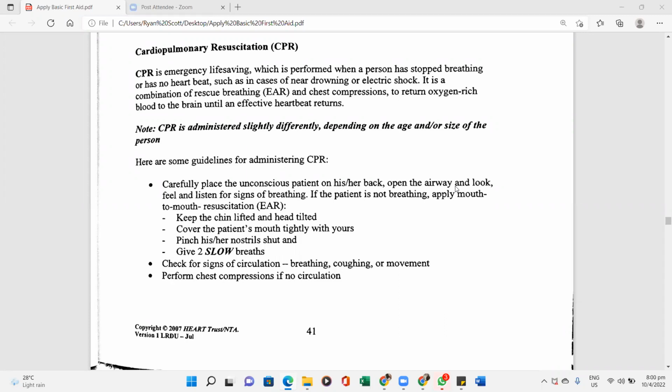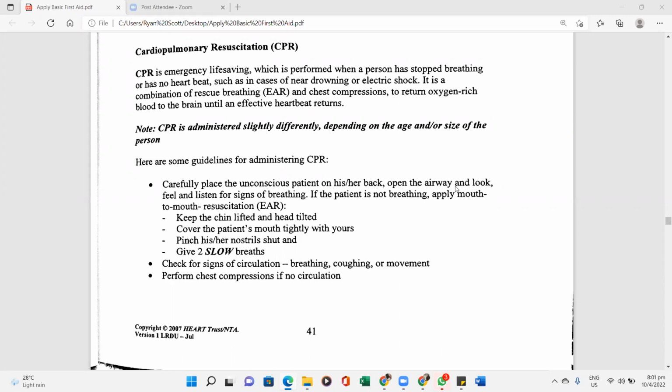And what you do, you give them rescue breaths as well as chest compressions, okay? The CPR is administered slightly differently, depending on the age of the patient, right? Here are some guidelines for administering CPR.